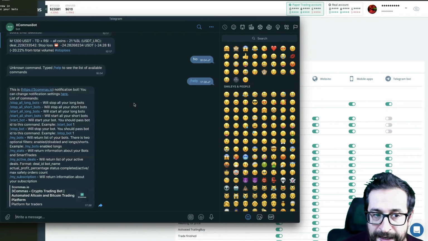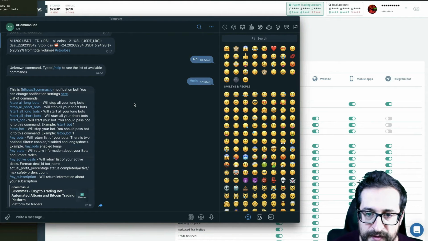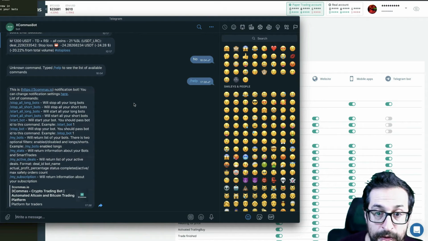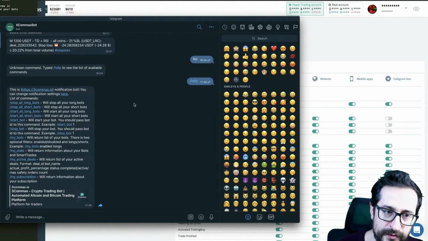I suggest you get all the deals close enabled, plus if there's any error. So for example, there's not enough funds to trade or to open a base order, stuff like that. You want to know. If you don't have this, the website won't tell you unless you go to the bot, go to the log, and start scrolling through the logs to find what's going wrong.